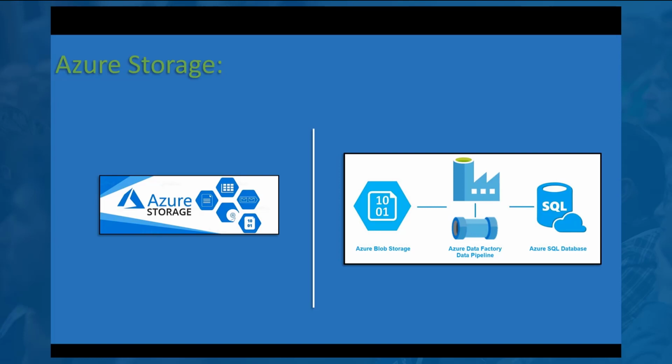We also have Azure Queues, and that's basically a messaging store for reliable messaging between application components. Next up we have Azure Tables, which is a NoSQL store for schemaless storage of structured data. And we have Azure Disks, which is block level storage volumes for Azure Virtual Machines. So that's a quick run through of Azure Storage.